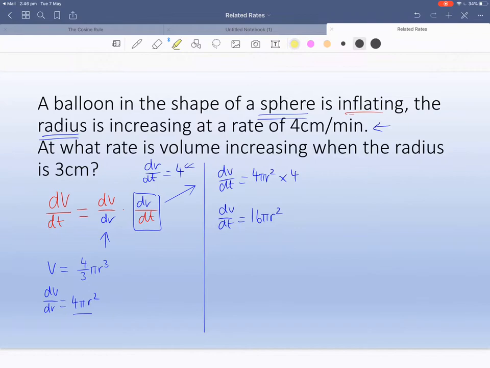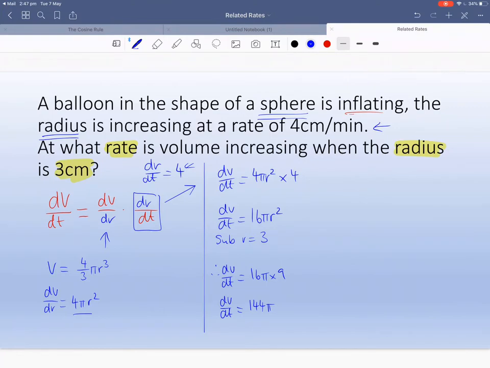Now, the question is what is the rate when the radius is 3 centimeters? So I'm going to sub r equals 3, therefore dV/dt equals 16 pi times 9. So we end up getting dV/dt equals 144 pi.